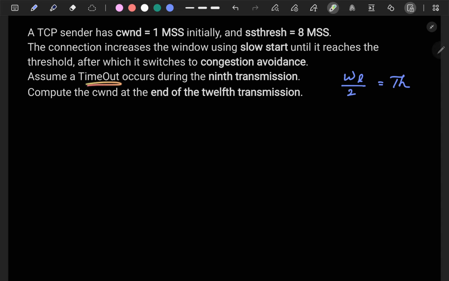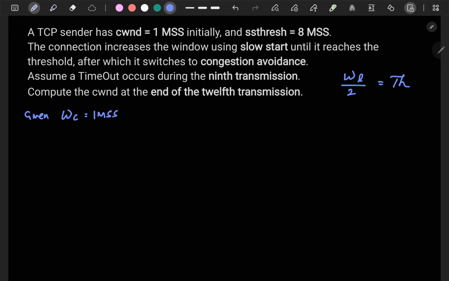And in between there is a timeout. So what will you do? At the beginning it will start with 1 MSS. If you are getting confused, first write all the given data. Congestion window size is 1 MSS. If it is given in kb, convert it into MSS.